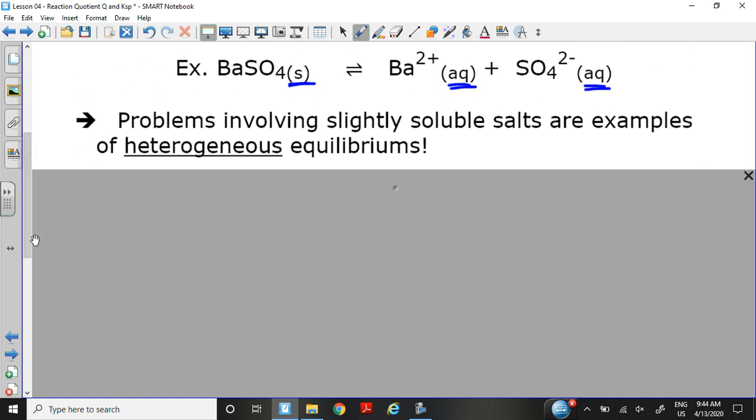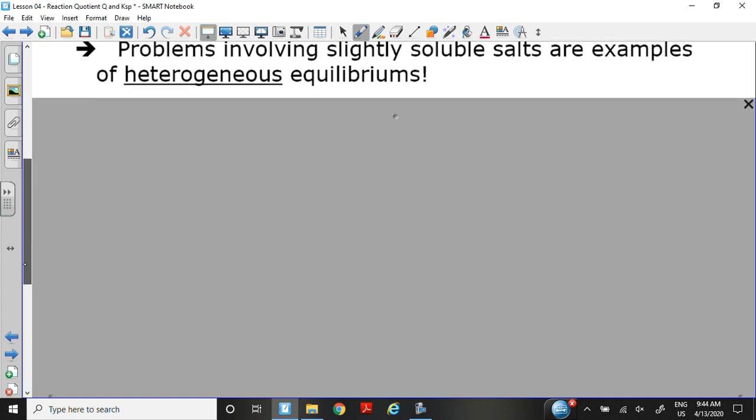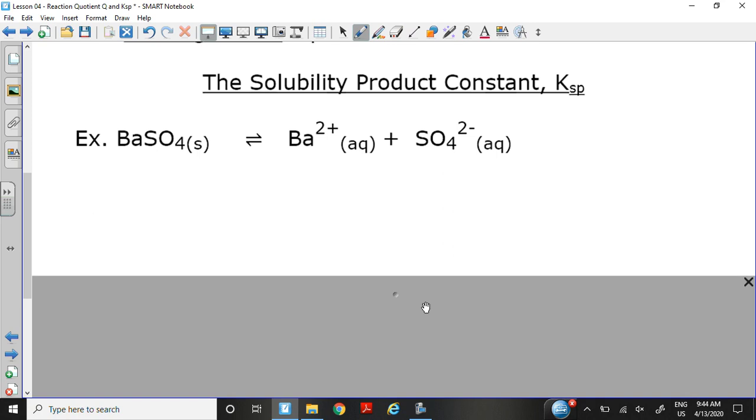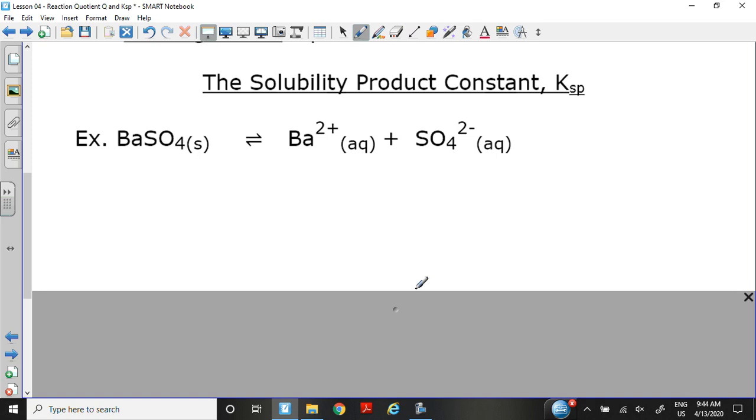So what we're going to do next is look at how to actually write out a K expression for a salt. So we're going to use the same example with barium sulfate. This K is a little bit different. Capital K is always for equilibrium in this unit, but the little subscripts tell you a little bit more about what type of equilibrium is established. So for this one, it's called the solubility product constant.